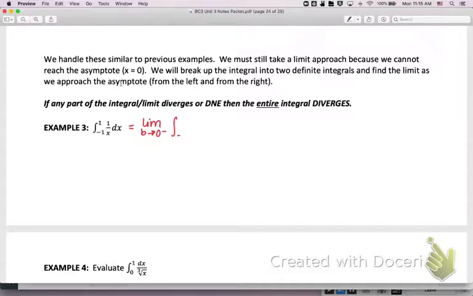So this will be from -1 to b of 1 over x dx plus this one, the 0 is going to be on the bottom, so I'm going to call that one a, and we're going to approach this time from the right of the asymptote of the integral from a to 1 of 1 over x dx. Okay, so if we integrate this, we get the limit as b approaches 0 from the left.